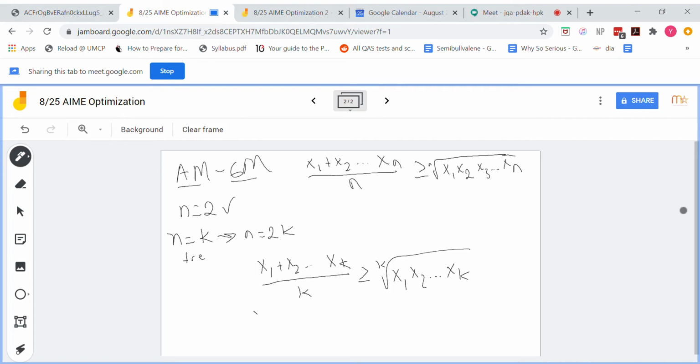And we also have x sub k plus 1 plus x sub k plus 2 all the way to x sub 2k, over k, is at least the geometric mean of those. This is true because we're assuming the AM-GM inequality is true for n equals k. And so we have these two to start with, and we can combine them to prove that it is also true for n equals 2k.